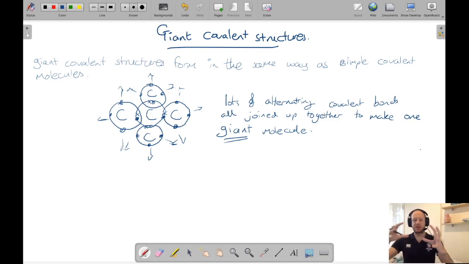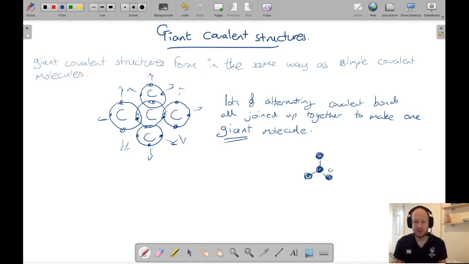All of these atoms are joined together with covalent bonds, and there's hundreds and hundreds of them. So you can imagine in something like this, my carbon forms a little bit of a structure like this. This one will come out.